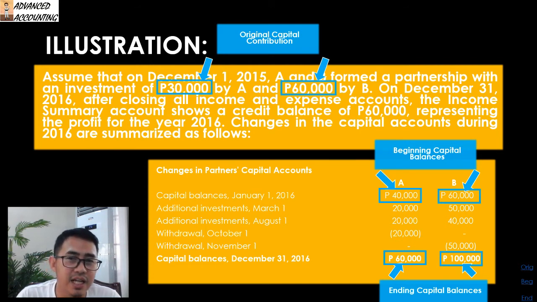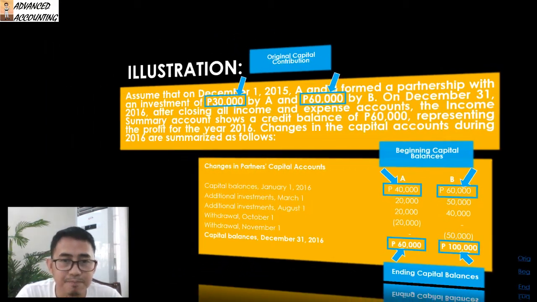So original capital contribution for A is 30,000 and B 60,000. Beginning balances of capital is the capital balances on January 1 of the year. So for A, it's 40,000 and B, 60,000. Ending capital balances is the capital balance on December 31 of each year. So for A, 60,000 and B, 100,000 pesos.